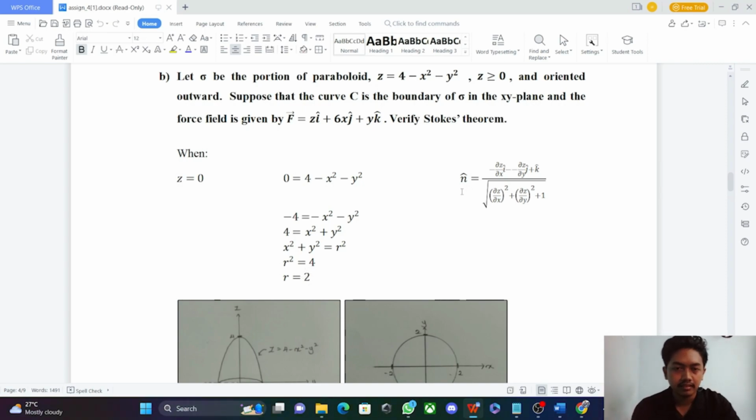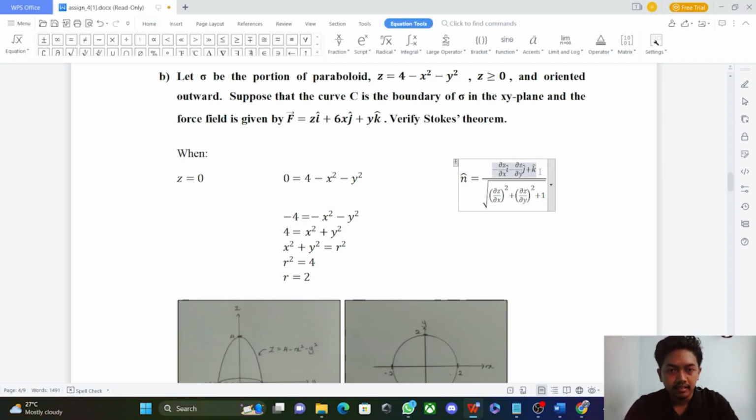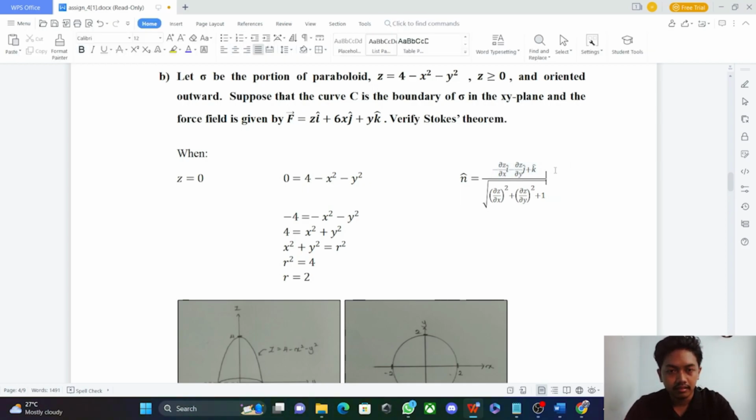And this is the formula for n, where n equals negative del z over del x i minus del z over del y j plus k, over the square root of del z over del x squared plus del z over del y squared plus 1.